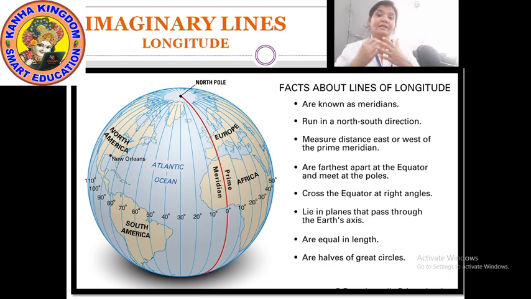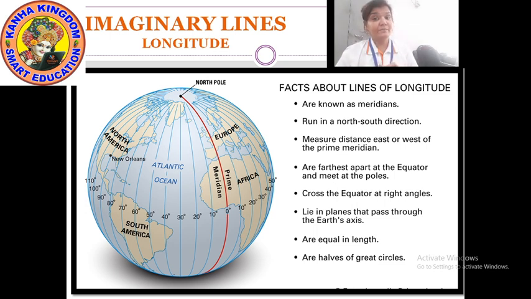So that is the eastern hemisphere, and then the other portion becomes the western hemisphere. Equator divides the earth into two halves, northern hemisphere, southern hemisphere. Same way, prime meridian also divides the earth into eastern hemisphere and western hemisphere.